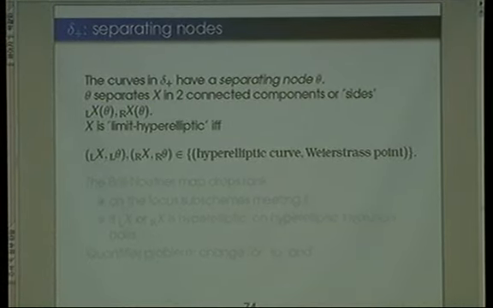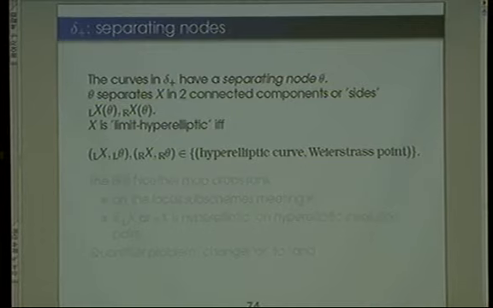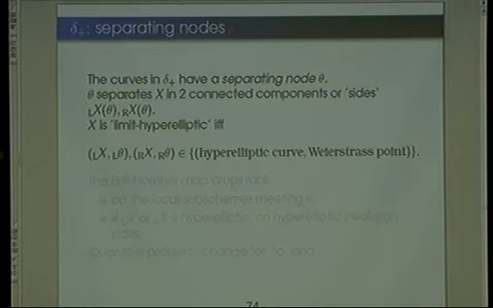And now in this situation, it is well known which of these curves of this type are limits of smooth hyperelliptic curves. This is the case precisely when either side, left or right, is itself a hyperelliptic curve, and the node is a Weierstrass point such that twice it is in the hyperelliptic system.